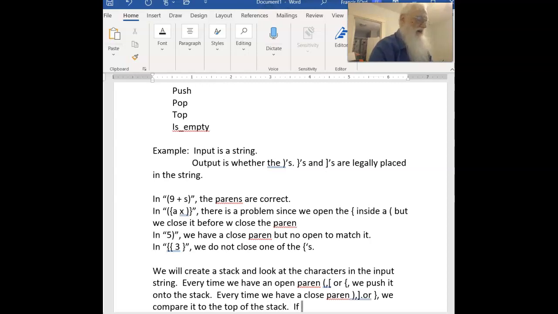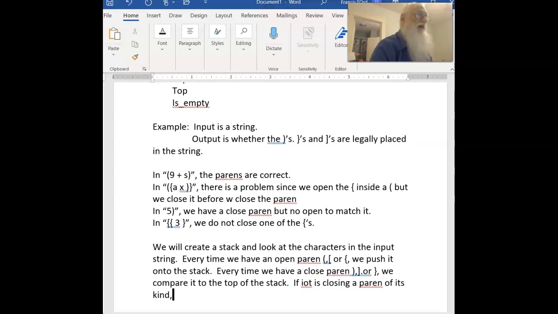If it is closing a paren of its kind, we pop the stack and go on. If not, we have an error.